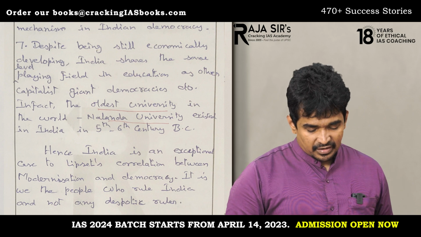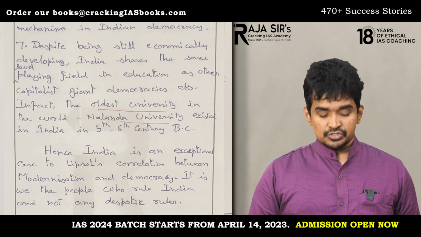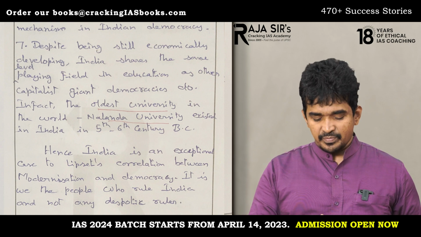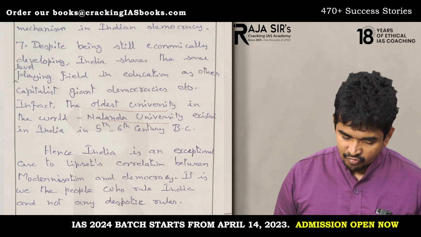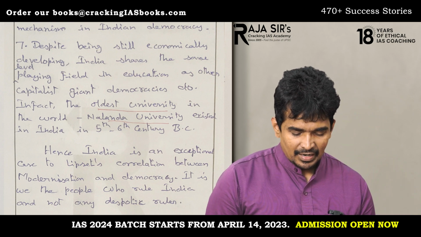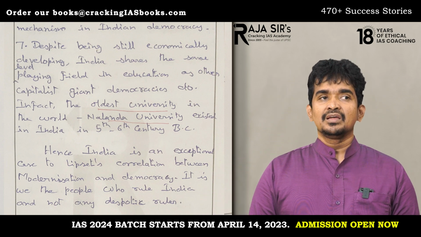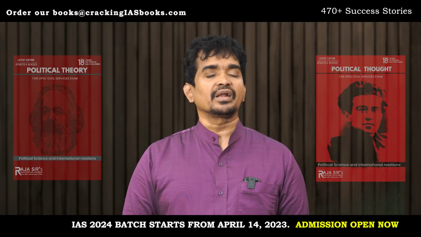Now the concluding paragraph: hence India is an exceptional case to Lipset's correlation between modernization and democracy. It is we the people who rule India and not any despotic ruler, right? Fine. So I hope now you will be in a position to compare the two versions of answer scripts and identify what the differences are, right?